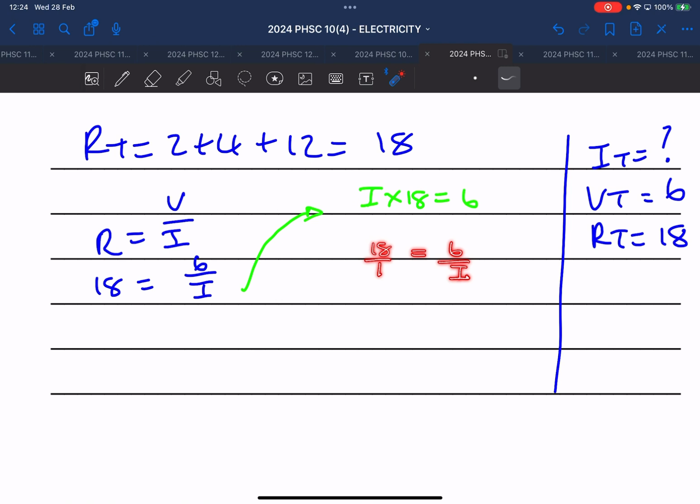But then you still multiply. If you multiply 6 here and you multiply 6 here, then you have 108 is equal to 36 over I.